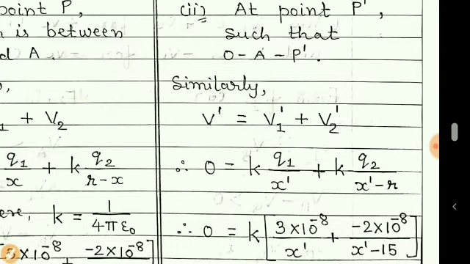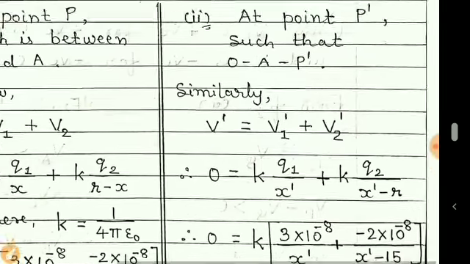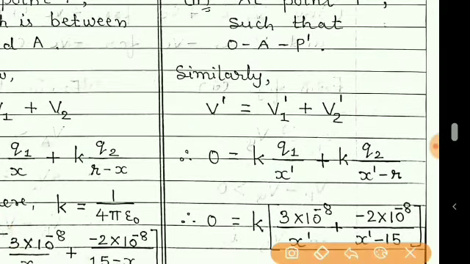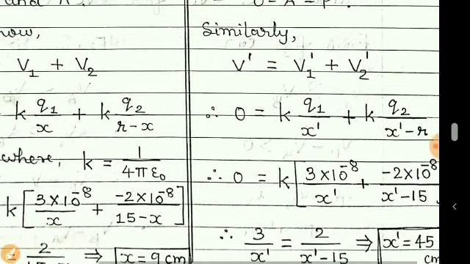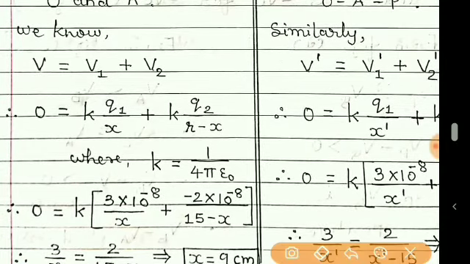Now here we have taken this dash, it is because now the distances are changed, and so we have to make little difference in the symbols. Again the formula is same only as earlier. See, we have used the formulas here.